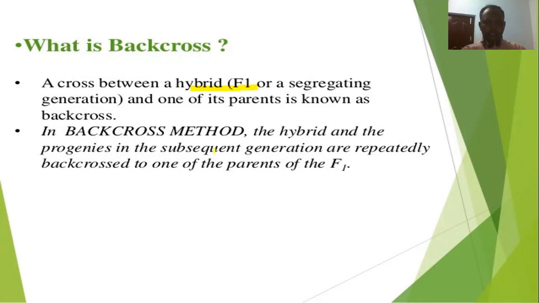And in this backcross method, the hybrid and the progenies in subsequent generations are repeatedly backcrossed to one of the parents of the F1. So this type of cross you can call a backcross. Why are we doing backcross now? To know the genotype of the hybrid produced by the hybridization experiment, we are performing this backcross, right?